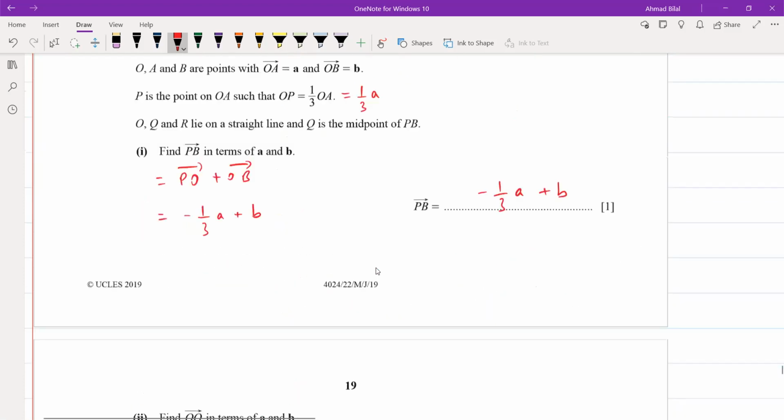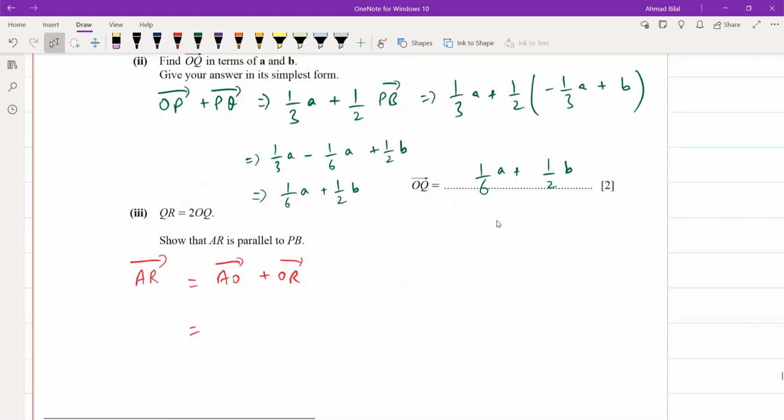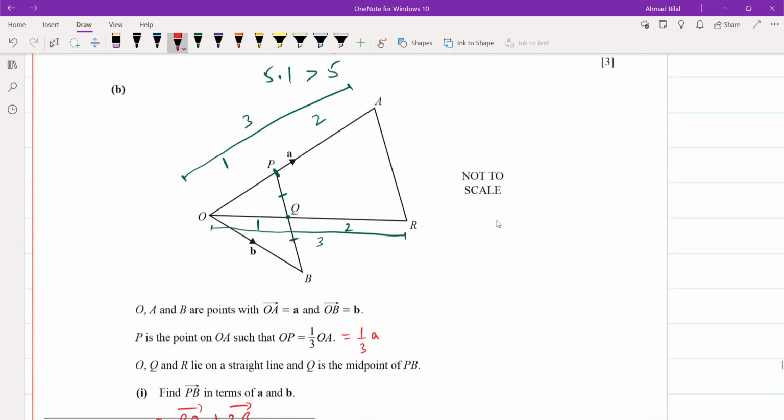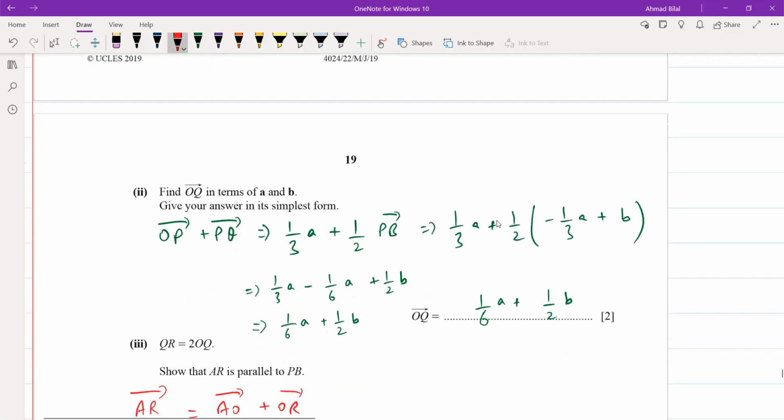AO क्या है? A से O, that's negative A, right? AO is minus A, so we have minus A here. OR, अब OR क्या है? OR तो हमें नहीं पता, लेकिन हमें OQ पता है, right? OQ पता है हमें, और उसने हमें क्या बताया हुआ है? QR is equal to 2 times OQ.